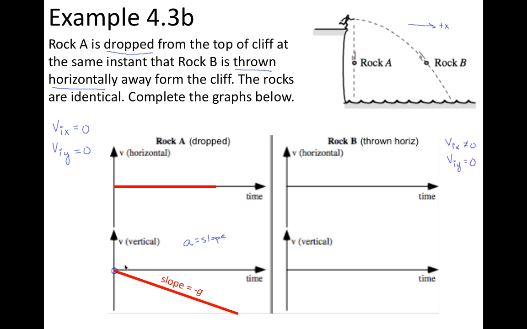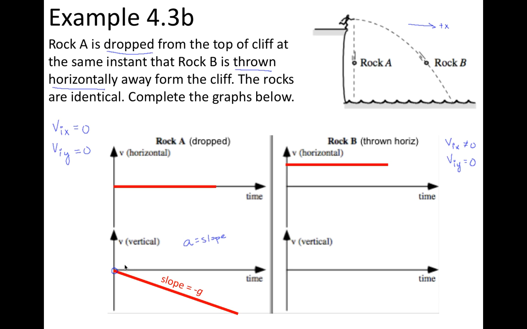Over to rock B. Rock B maintains a constant velocity in the x direction. We know that because there is no acceleration in the x. So we should be graphing a horizontal line, but we should be graphing a horizontal line that is above the x-axis. That's because the initial x velocity is non-zero. It's some positive number.